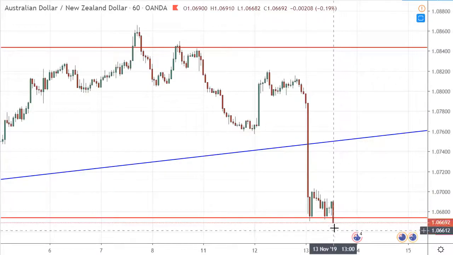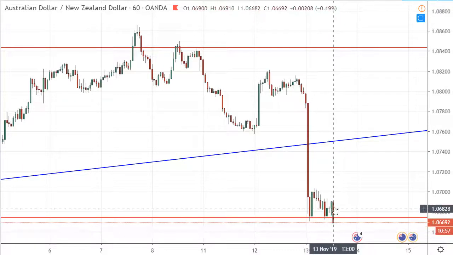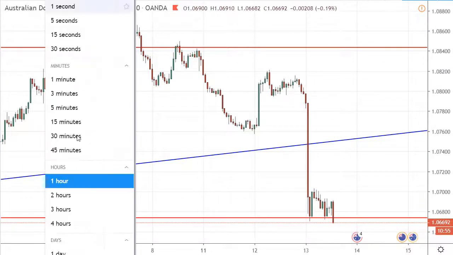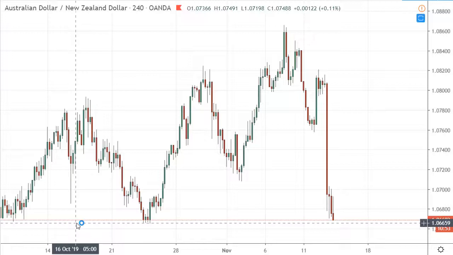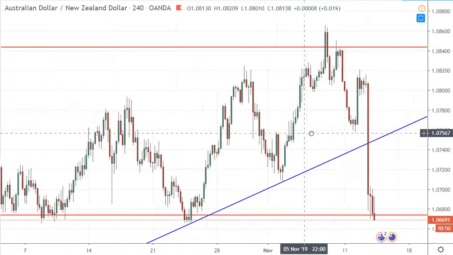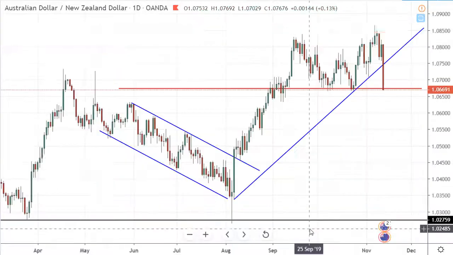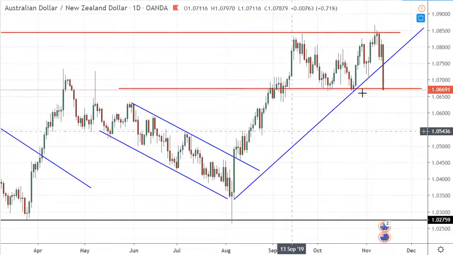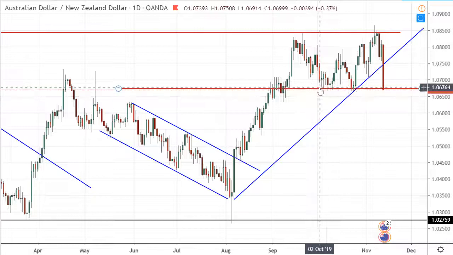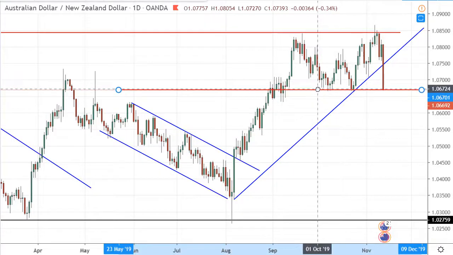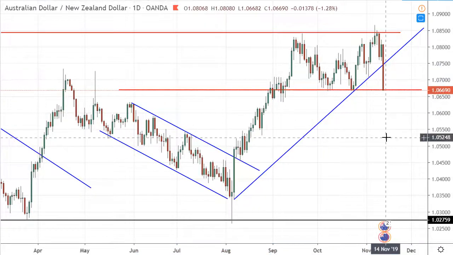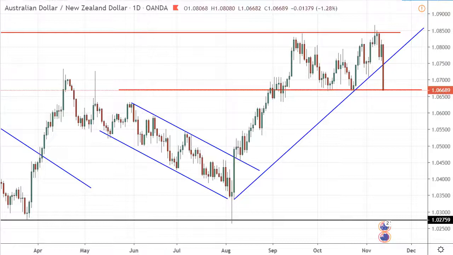Will this break continue, or will this turn out to be a spike and then we reverse in another direction? Yes, from the trend line on the daily, this really could be some kind of a reversal pattern. So the first clues are in, but this level needs to be cleared first before we really get anything. So just forget this for now as well.